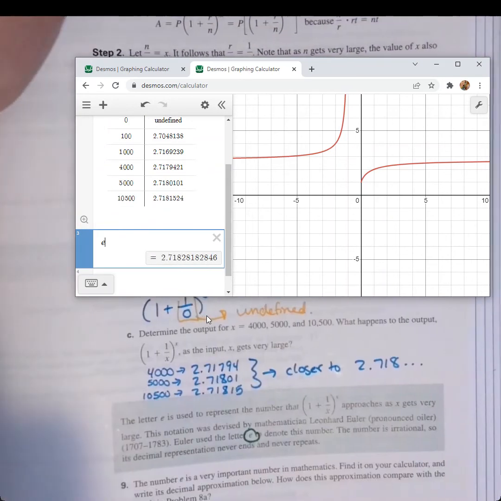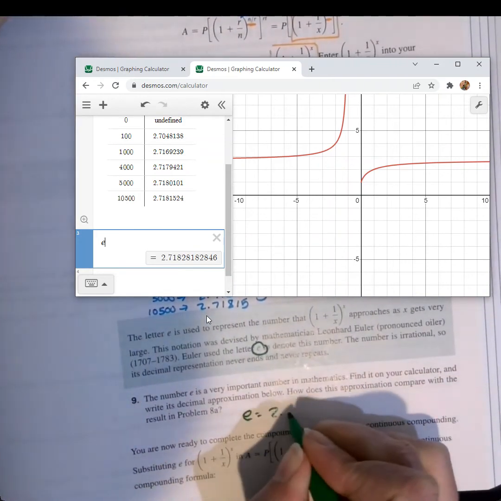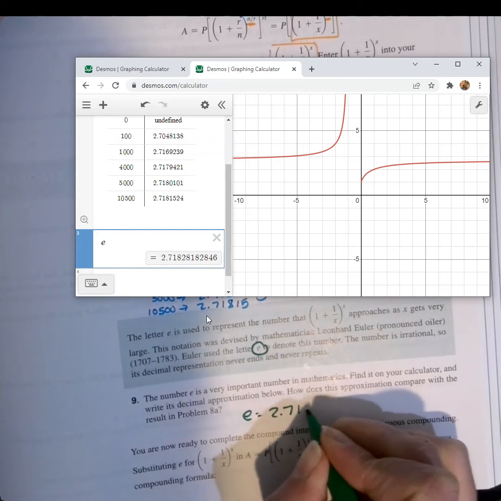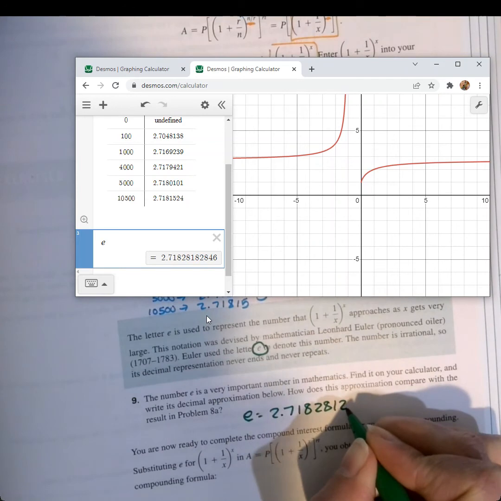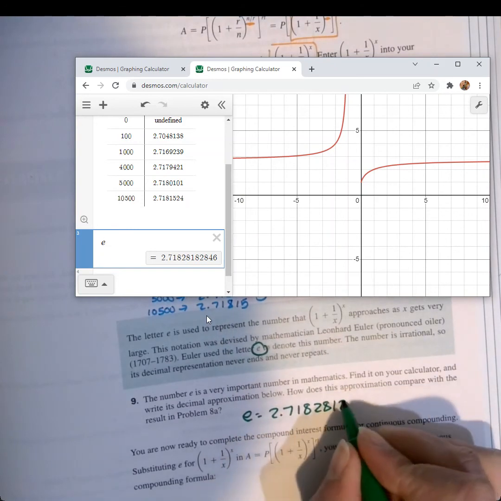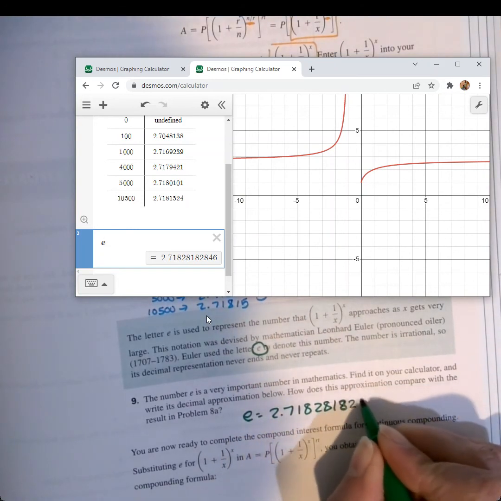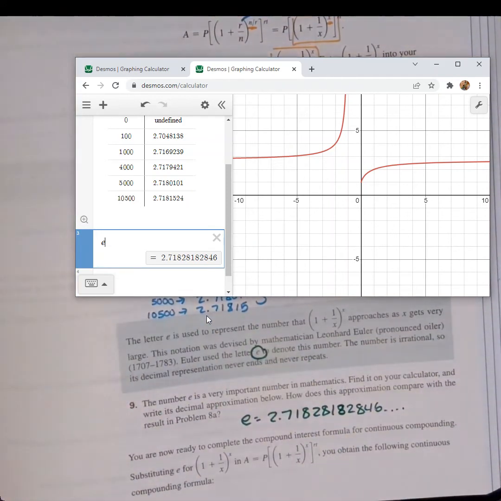So E is 2.71828182846, etc. I only can see that many decimal places right now. If you searched online, you could probably find more places, but they're not going to give me more places on this particular screen.